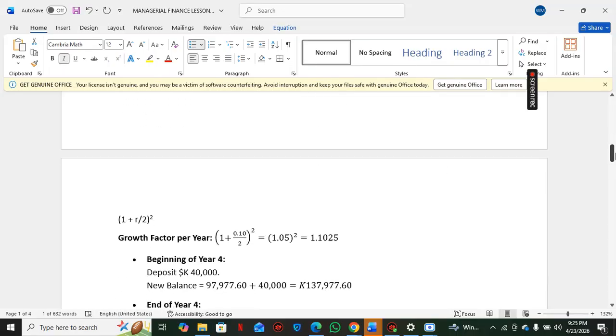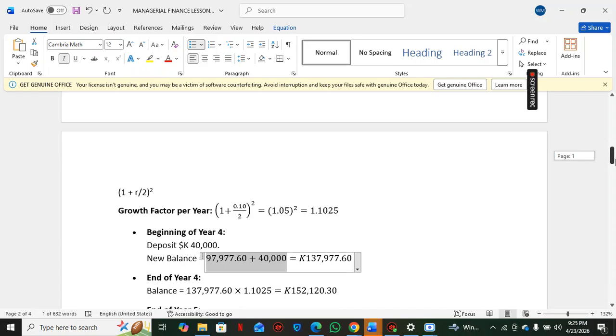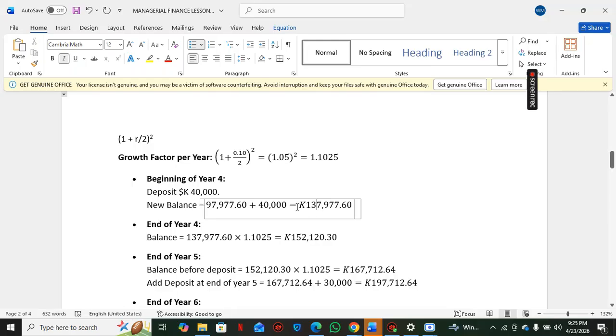So we're going to add it to this 40,000. 97,977.6 plus 40,000, you're going to get 137,977.6. So that's the beginning balance of year 4.